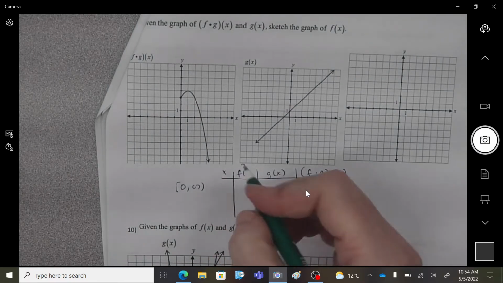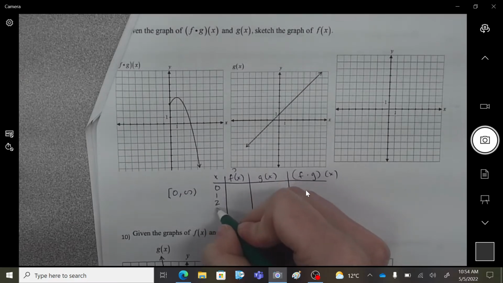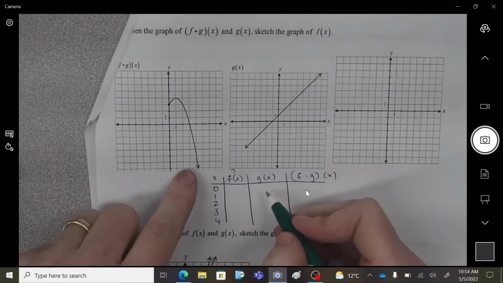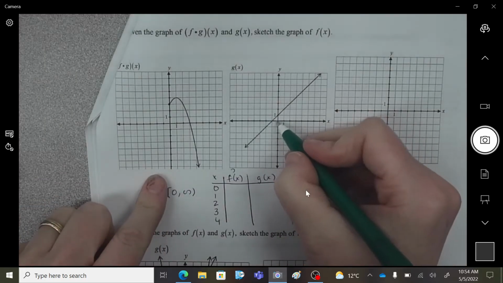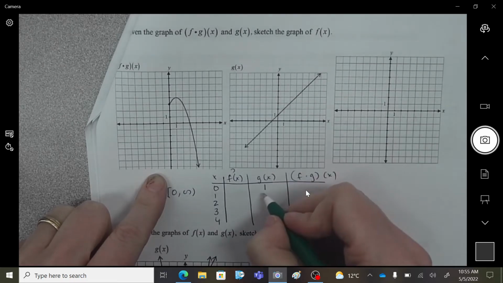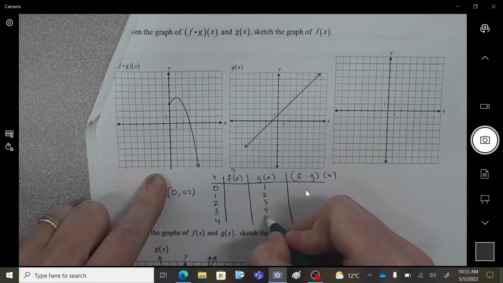Okay, so I'm going to start with 0. We don't know the f, so let's write the g. So at 0, we're at a height of 1. And then 2, 3, we're just going up here.